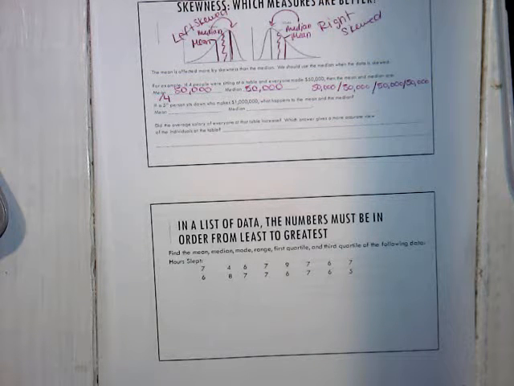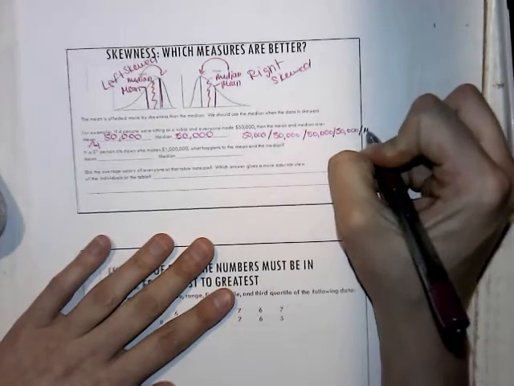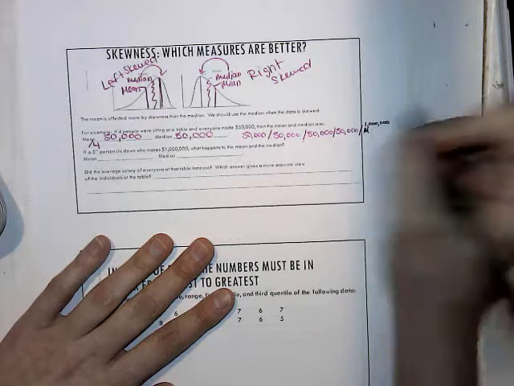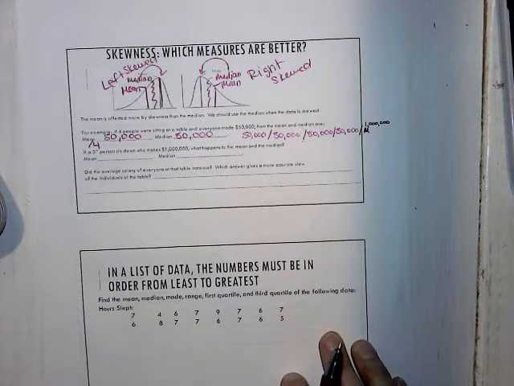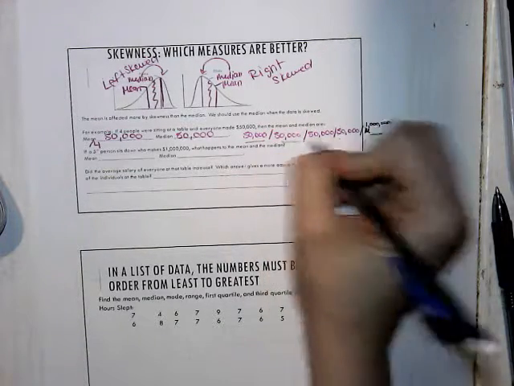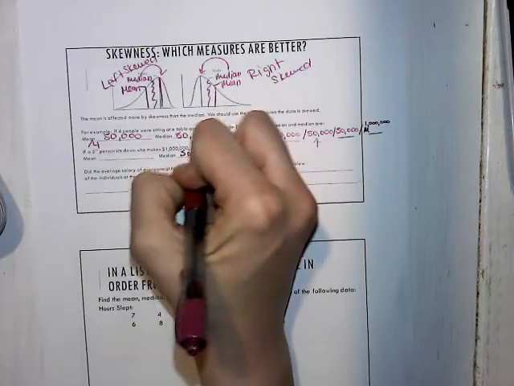But what if a 5th person sits down who makes $1 million? Somebody that is super rich comes in, and we have to add their information to our data set. What happens there? Well, you'll notice that our median is still 50,000. So that does not change.